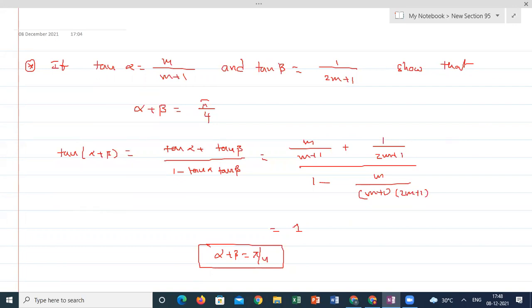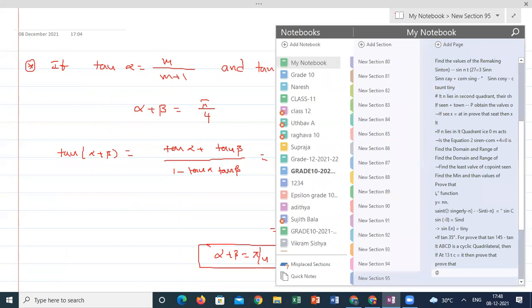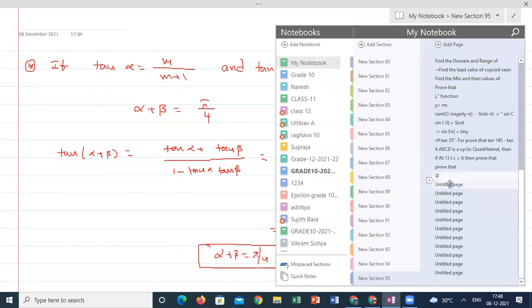I think all are clear with sin of a plus b, cos of a plus b, tan of a plus b, cot of a plus b, all those formulas. Let's see.